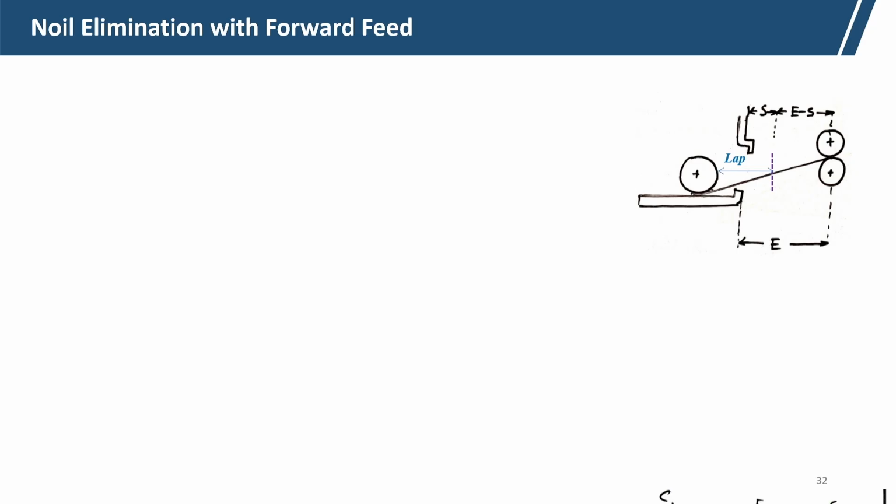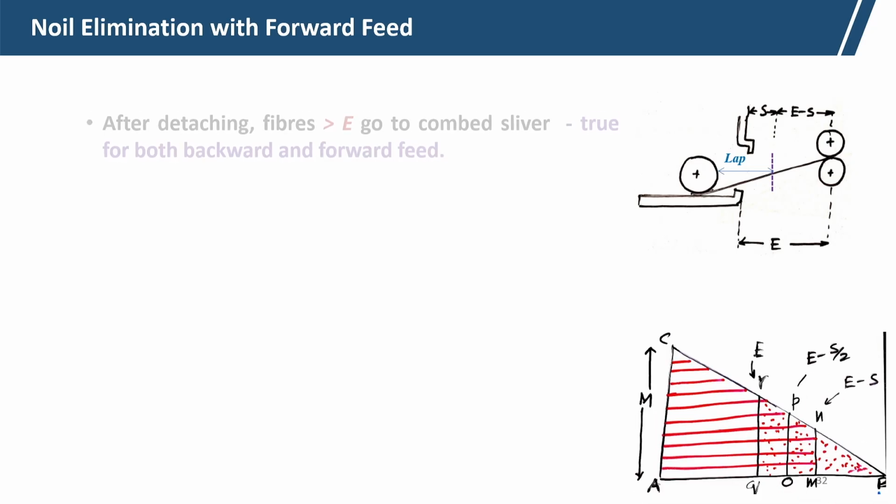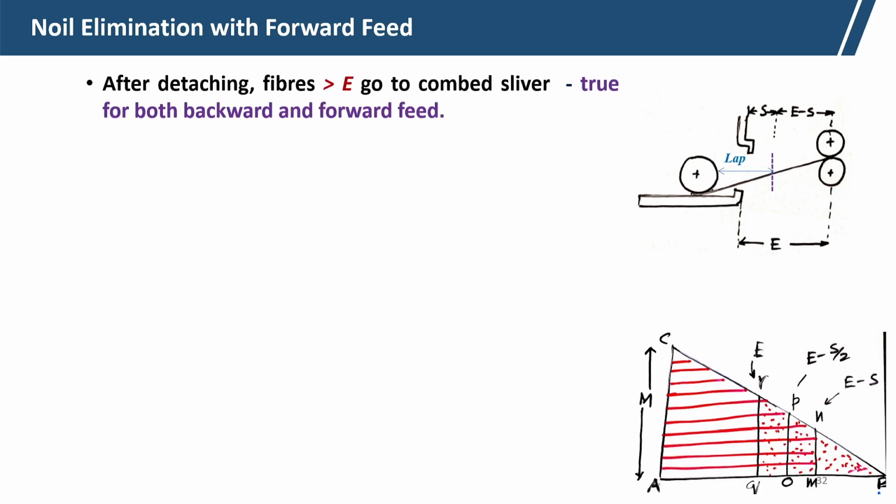Now, in case of forward feed, what happens after the detaching takes place? Whatever fiber is more than length E goes to the comber sliver. Any fiber more than E goes to the detaching comber sliver, that is true for both backward and forward.